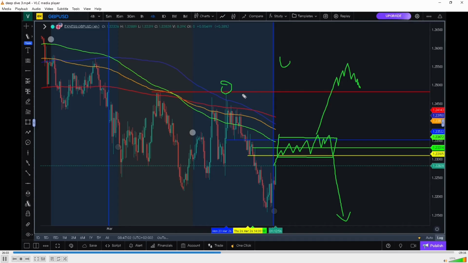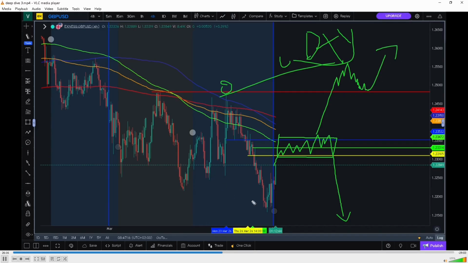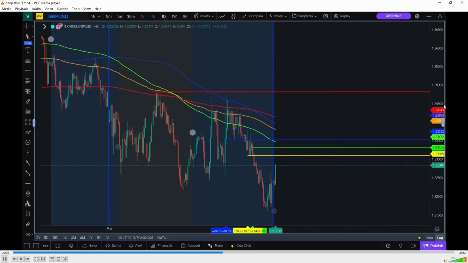Particularly, let's just not mention the currencies, but in the DXY, we would like to see it changing structure to the downside, and then the pound will be buying to the upside. That's why I am not interested in buying the pound against the dollar.